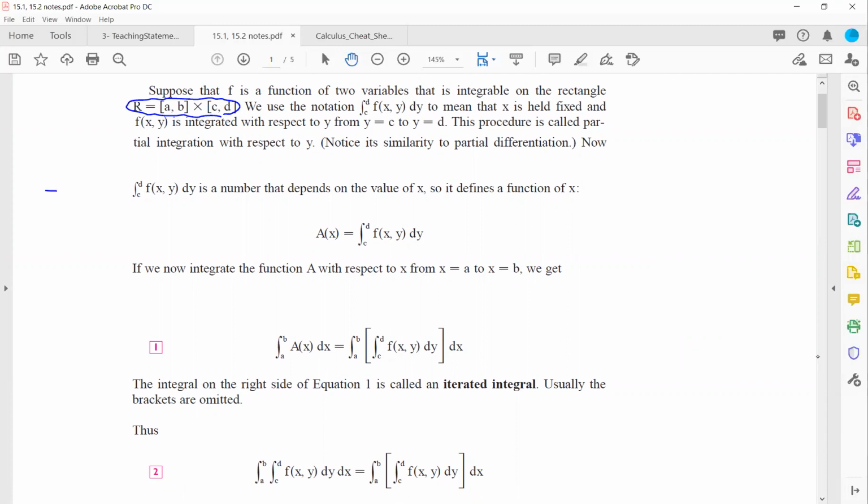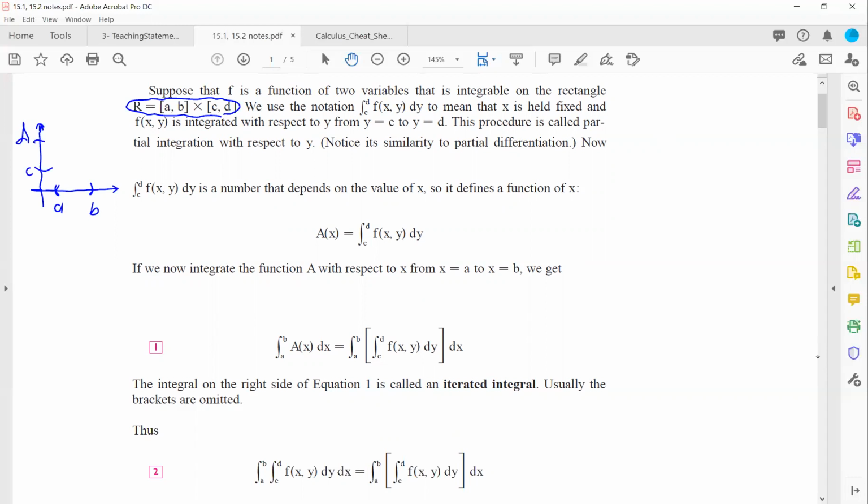So [a, b] multiplied by [c, d], the second interval.